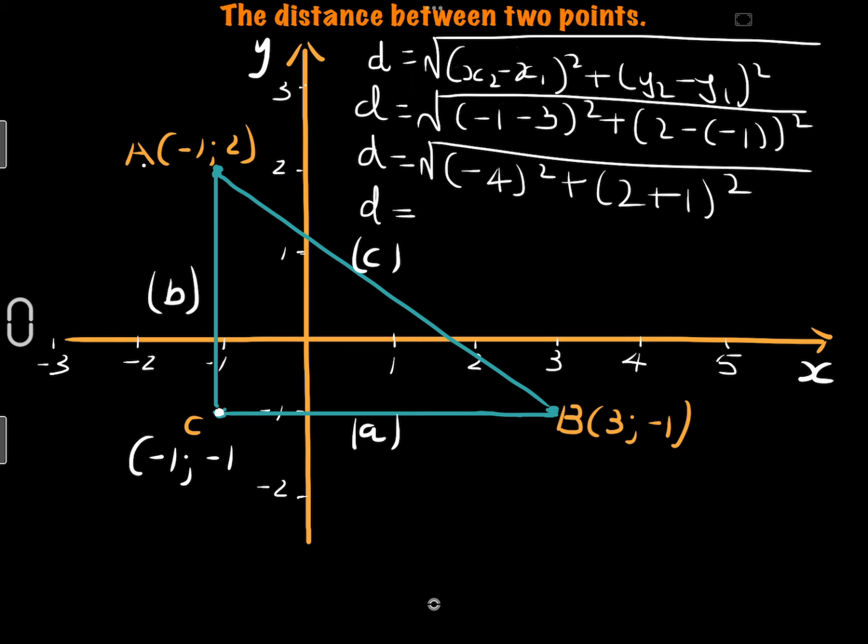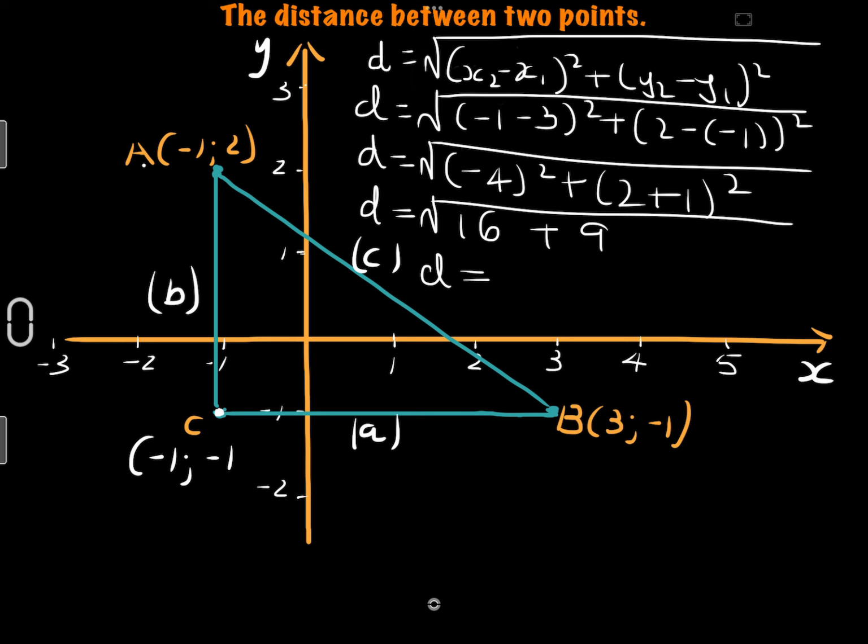So D for distance is equal to -4 multiplied by -4 gives us +16, plus 2 plus 1 gives us 3 raised to the second power gives us 9.